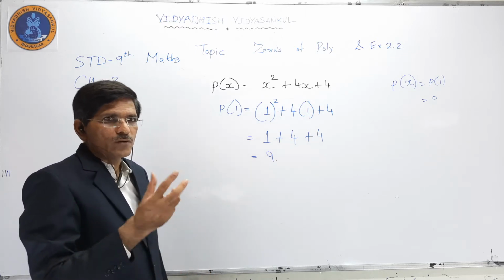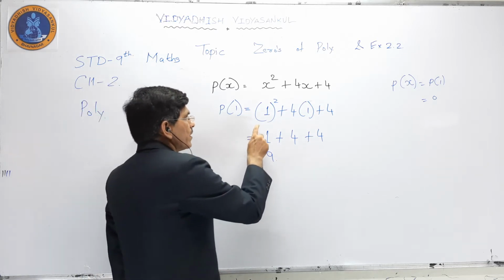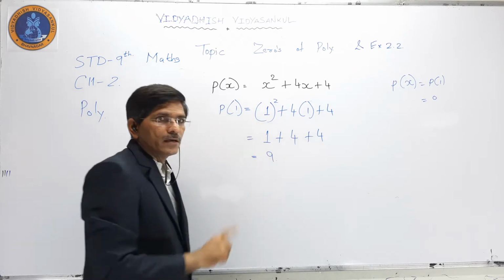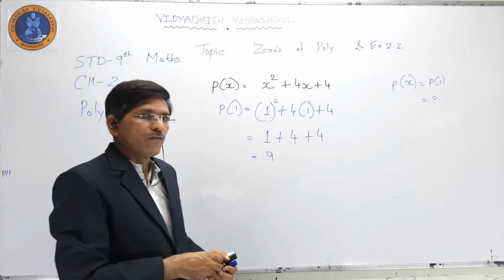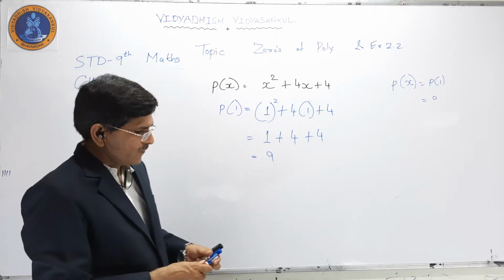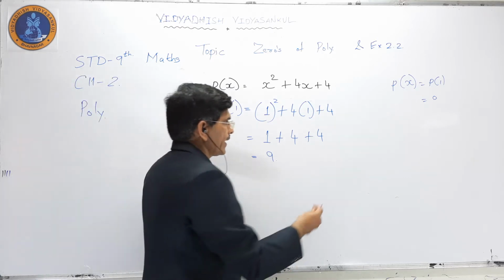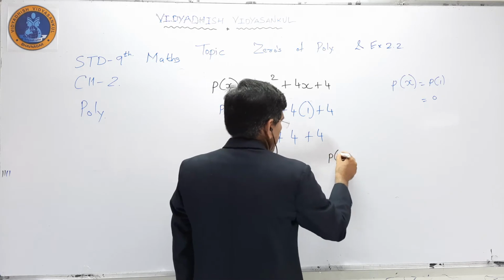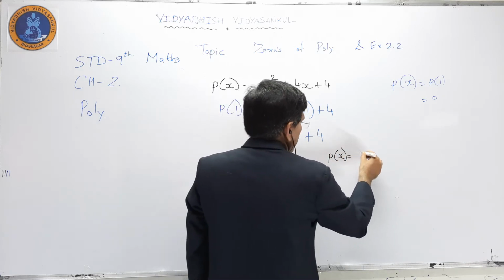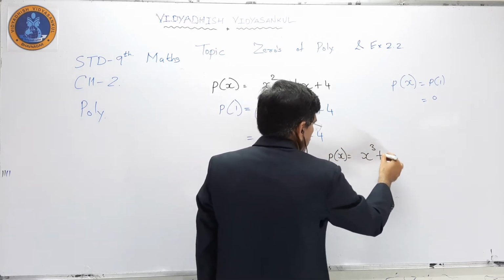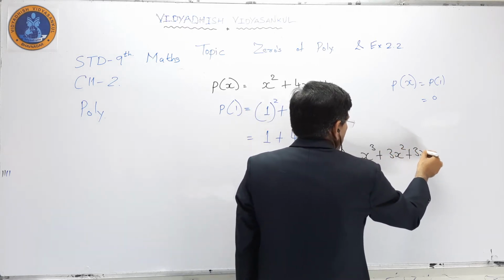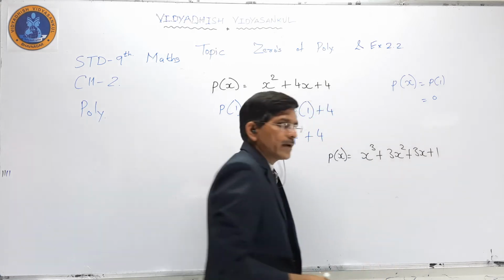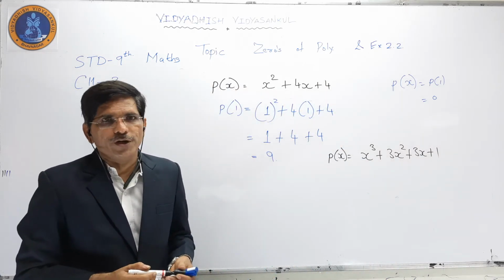Now two things we have to note. When we put the value 1 in any polynomial, if I write one more polynomial, p of x equals x cube plus 3x square plus 3x plus 1, it is a cubic polynomial.